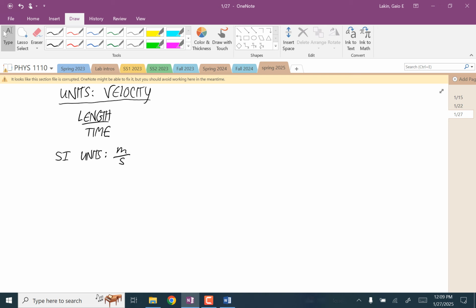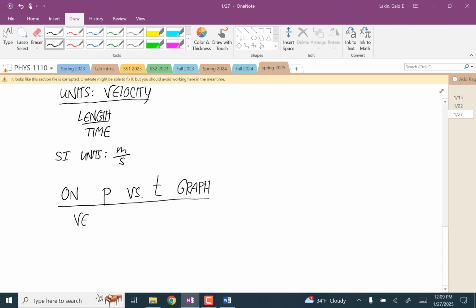Okay, so on a position versus time graph, the velocity at a chosen instant is the slope of the tangent line.